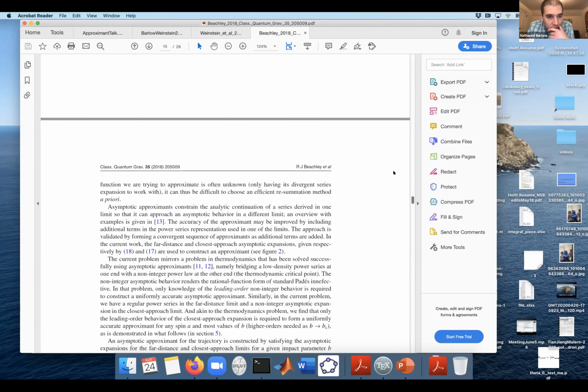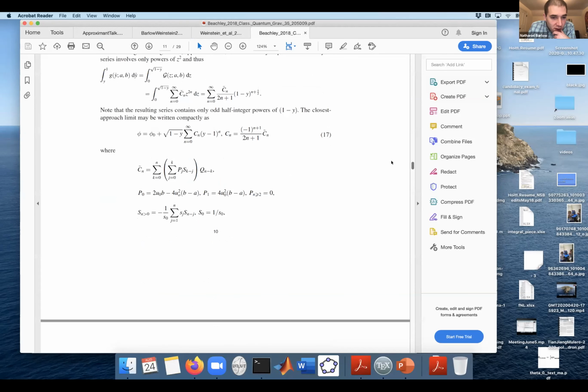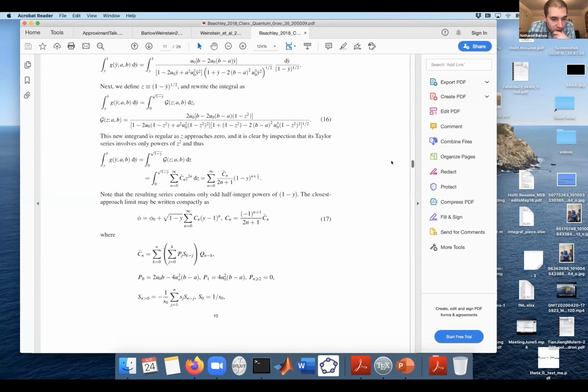Let's see, far distance. Oh, here we go, closest approach. The G sub m in the formula from before end up looking something like this.